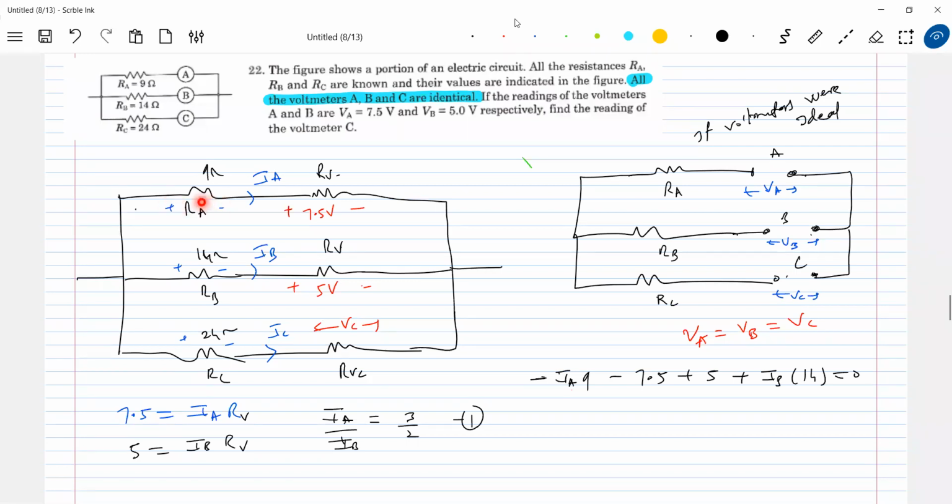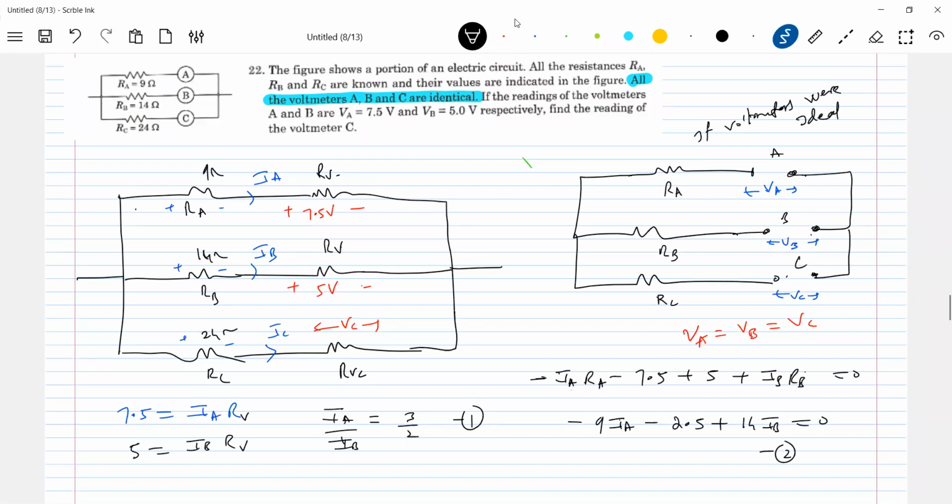RA is 9 ohm. So this will be minus 9 IA, minus 7.5 plus 5 which is minus 2.5, plus 14 IB equals 0. This is equation 2. Solving this, I'll get IA and IB.